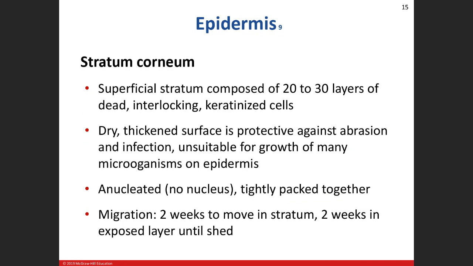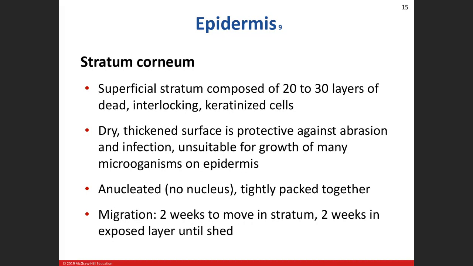Finally, our last cell layer is the stratum corneum. This is the biggest and thickest one, 20 to 30 cell layers thick. At this point, all the keratinocytes have finished the process of keratinization. So they're all dead. They're tightly packed, because they've locked each other into place through the desmosomes. So they're not budging here.